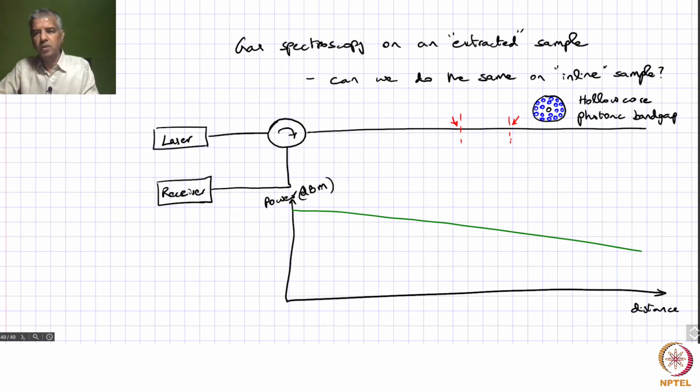What we saw previously was we could have this linear line, but if you change the wavelength, you could potentially capture this absorption at a resonant wavelength.